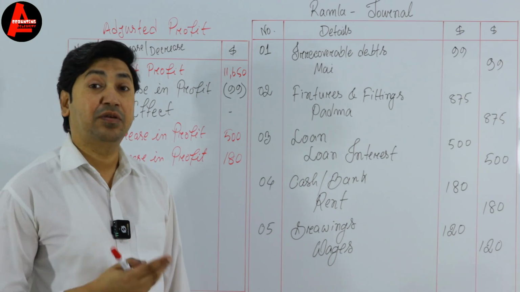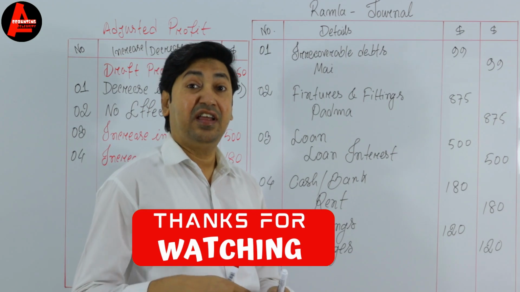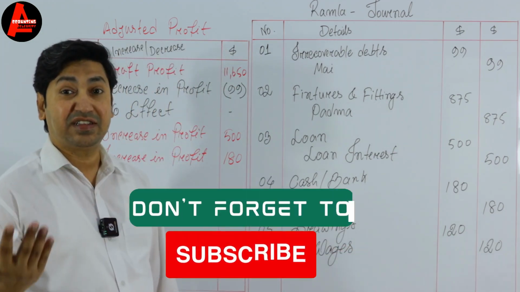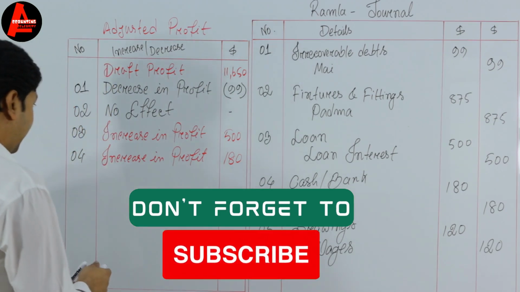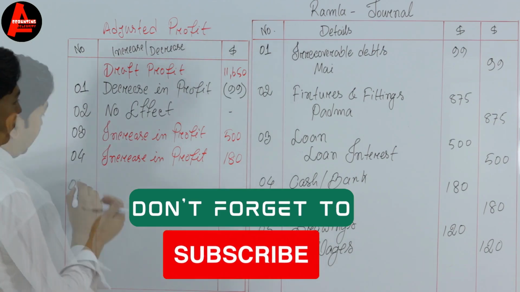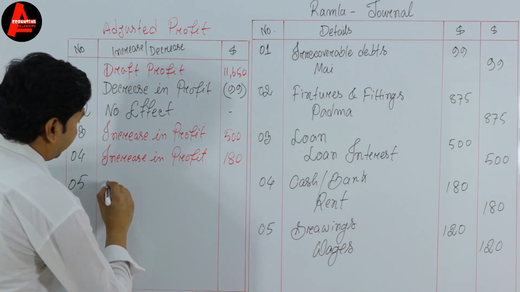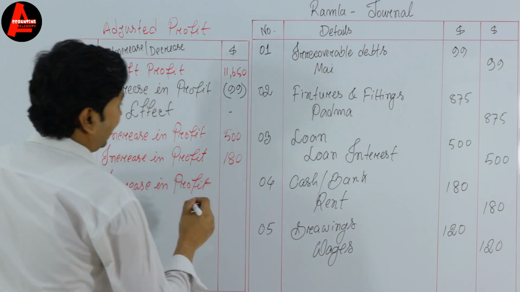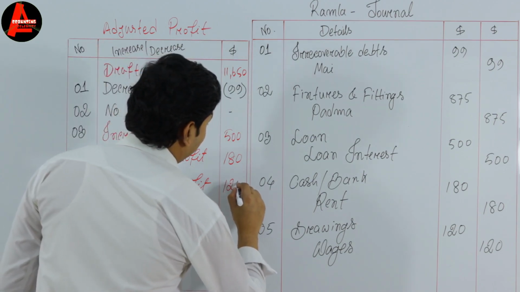Expense increased means profit decrease. It is an opposite relation. Expense decrease, profit increase; profit decrease, expense increase. Don't forget. So we will write number 5, increase in profit, $120.